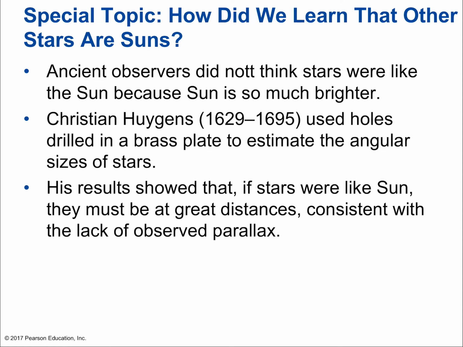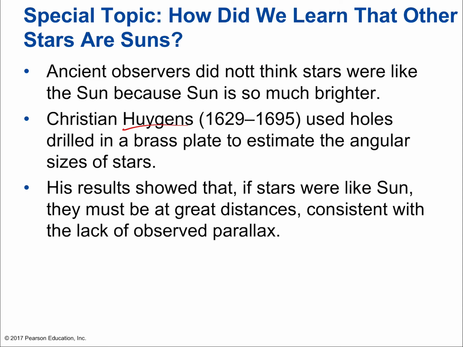In the mid 1600s, Christian Huygens used holes drilled in a brass plate to estimate the angular size of stars. His results show that if stars were like the sun, they must be at a great distance, consistent with the lack of observed parallax.